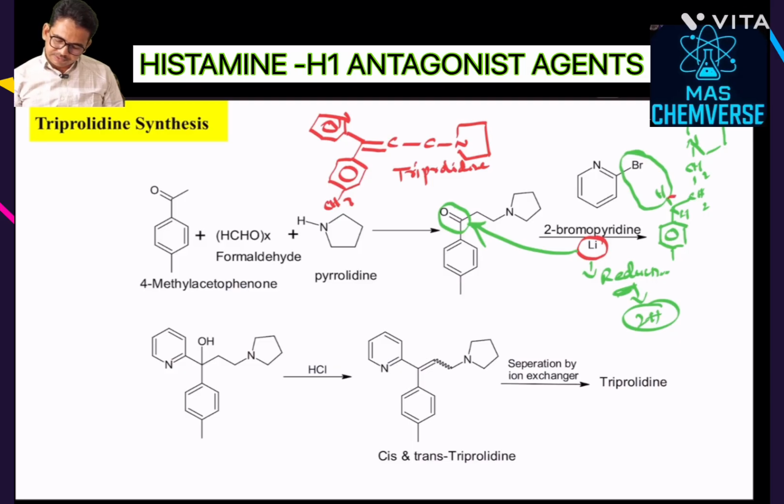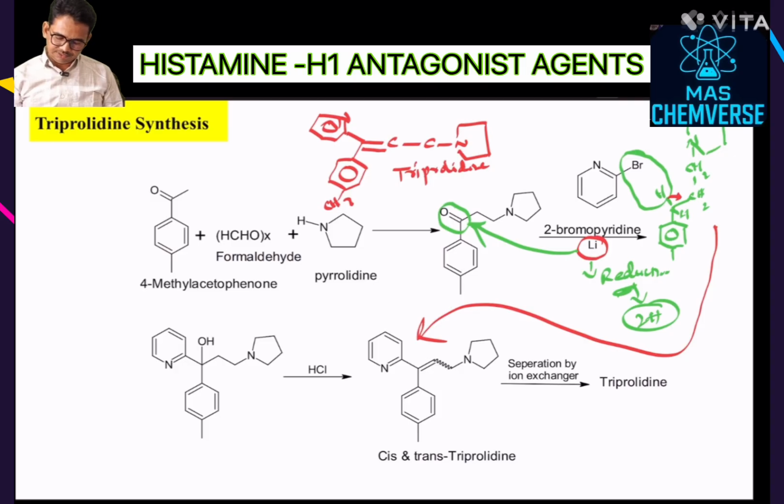Here, these electrons will move here. Then what is going to be formed? Here you might be observing, it is going to produce this compound.